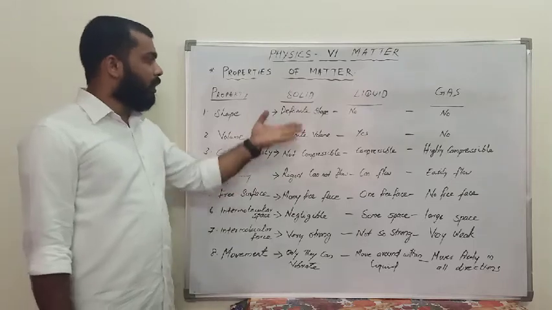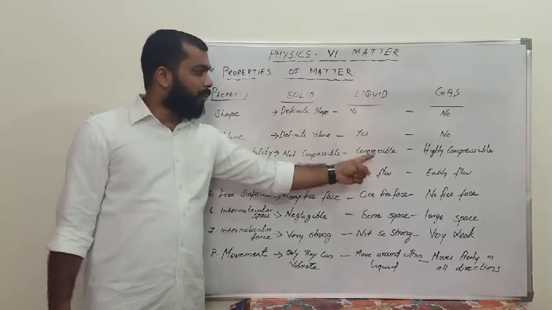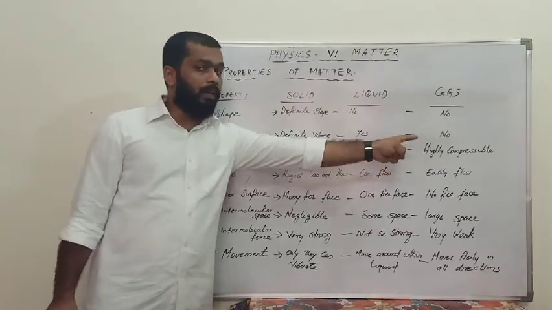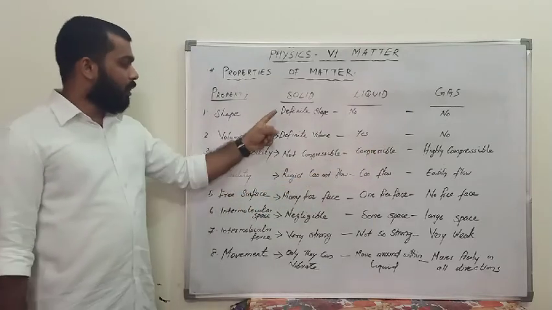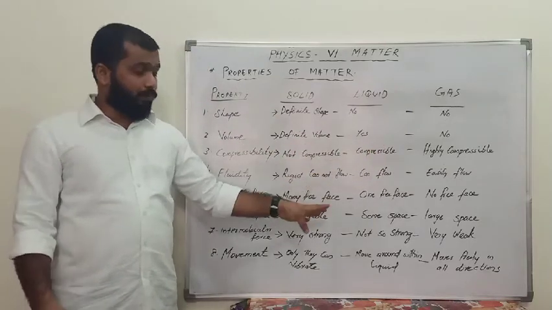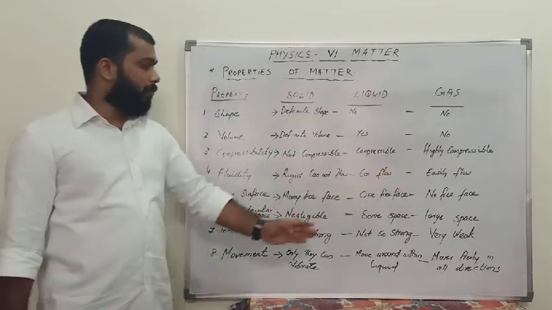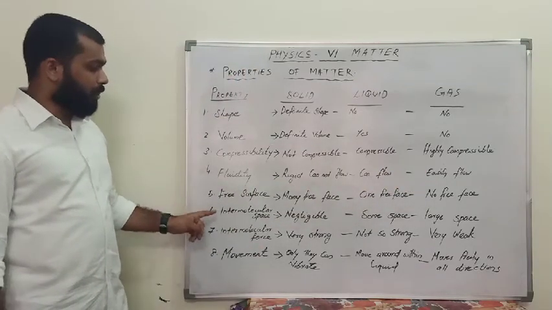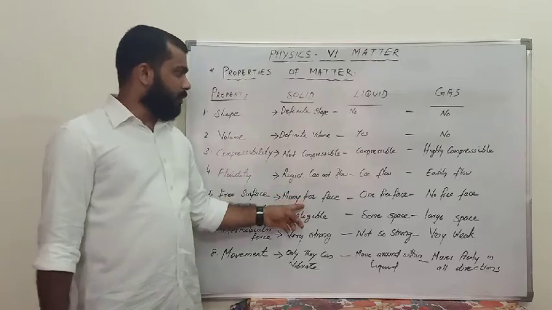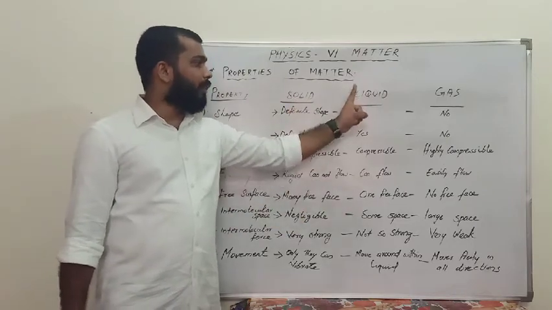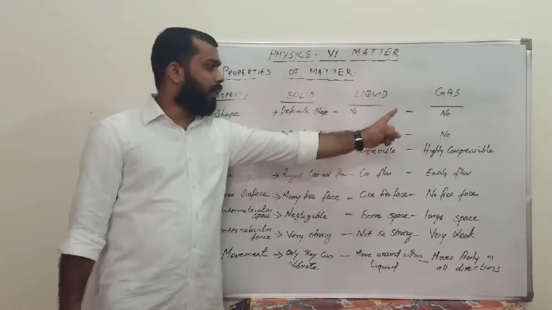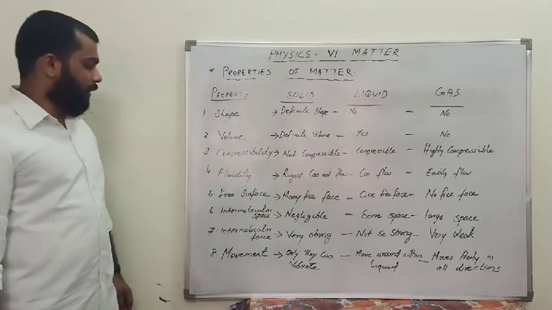Then compressibility: solid, not compressible; liquid, compressible; gases, highly compressible. Then fluidity: solid, rigid, cannot flow; liquid, can flow; and gases, easily they are able to flow. Then free surface: many free surfaces are there for solids, only one free surface is there for liquid, and gases do not have any free surfaces.